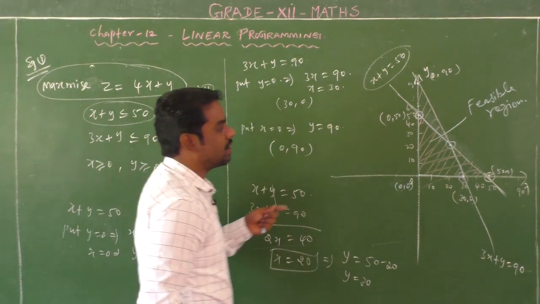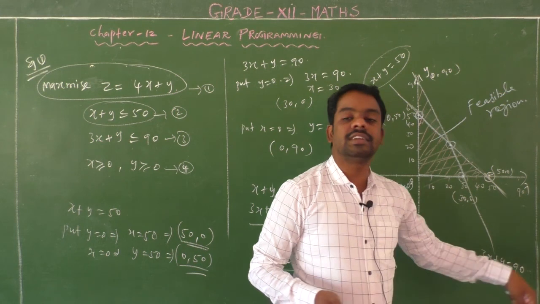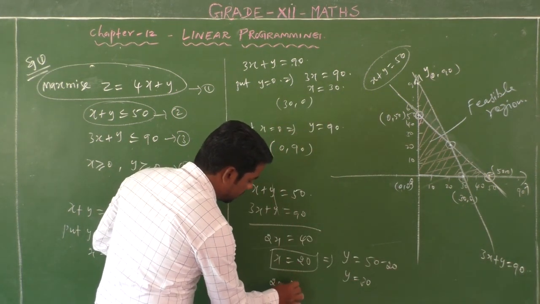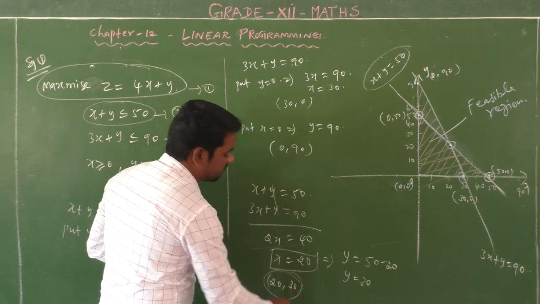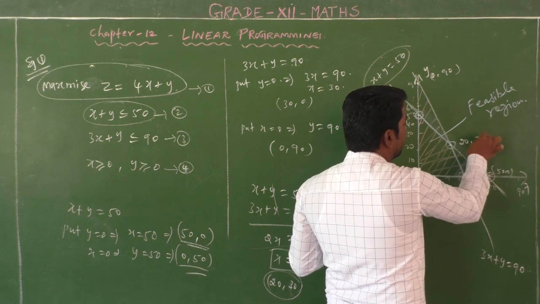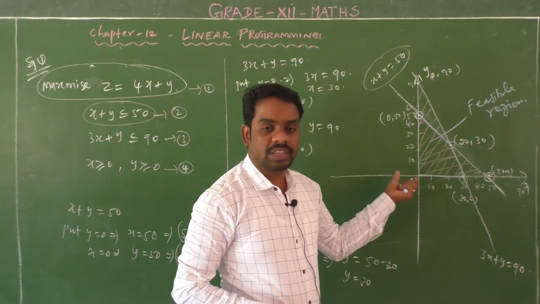Therefore, the intersection of the lines x plus y equal to 50 and 3x plus y equal to 90 is 20, 30. This is a required point. Therefore, this is the feasible region.